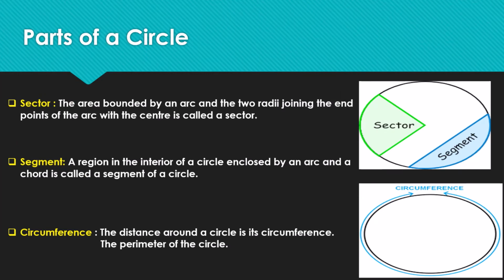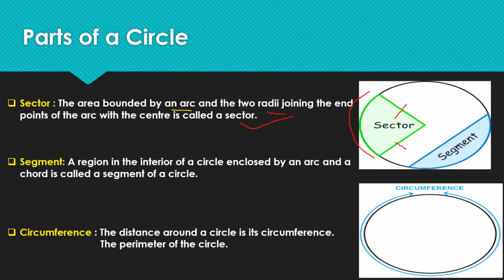Next is sector. Sector is also a part of a circle, somewhat triangular in shape, and it is bounded by an arc. See, here is an arc and two radii. Radii means two or more radius. So this is bounded by an arc and two radii, and the formed figure is called a sector.